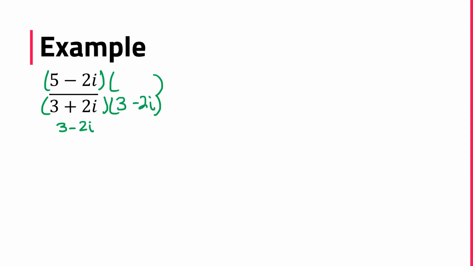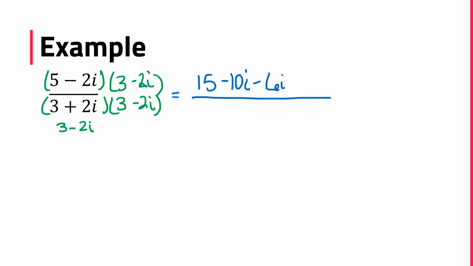So you see how this is a little more work? We're going to have to FOIL the numerator and the denominator. That's okay. We've been FOILing for a long time, so let's keep it going. So first, 15. Outer, negative 10i. Inner, negative 6i. Last, positive 4i squared.